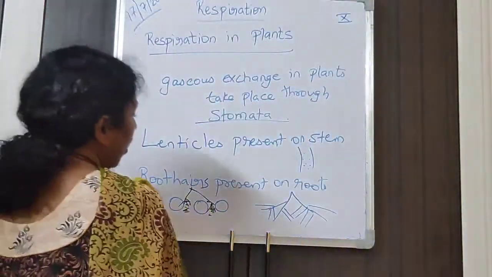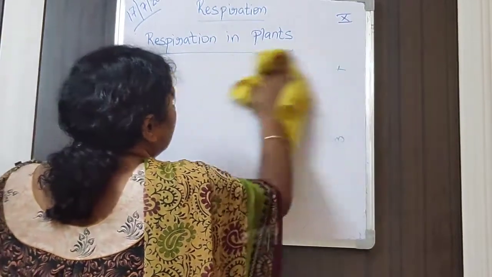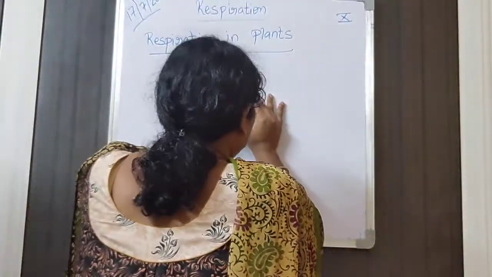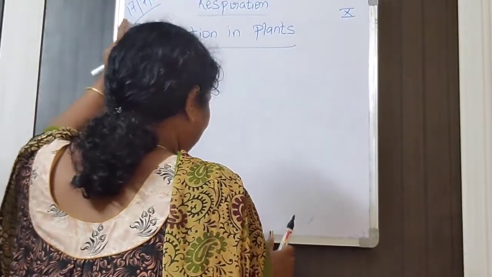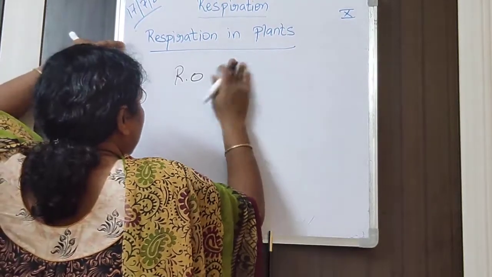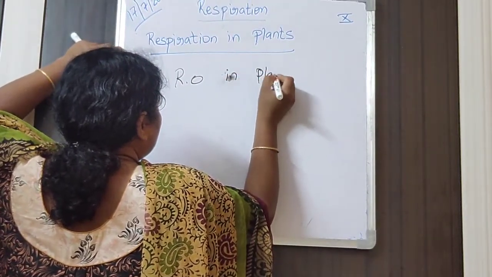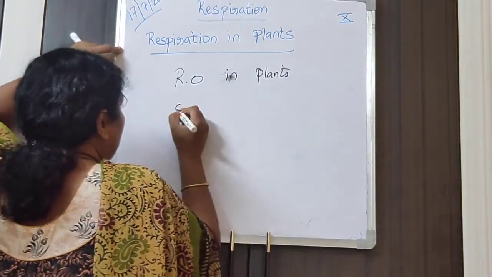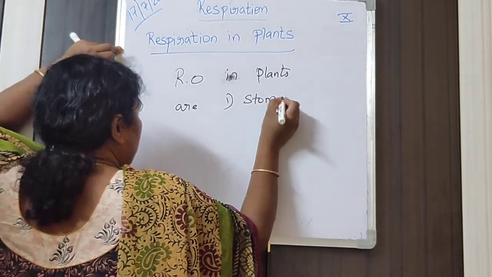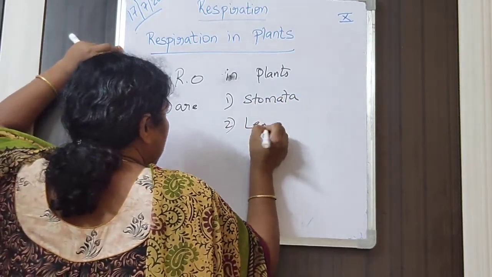So the respiratory organs in the plant are what? So the respiratory organs in plants are: one, stomata; two, lenticels.